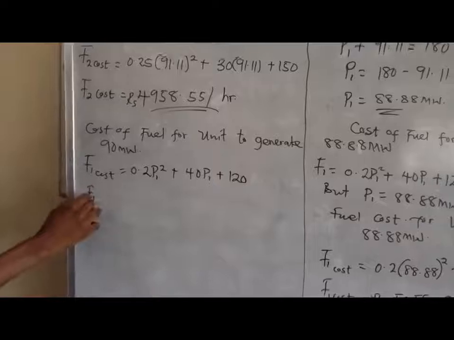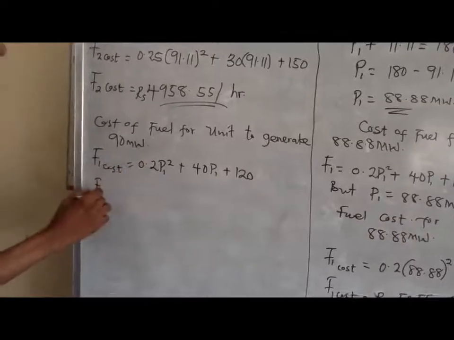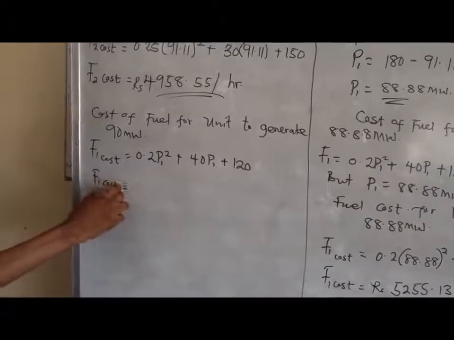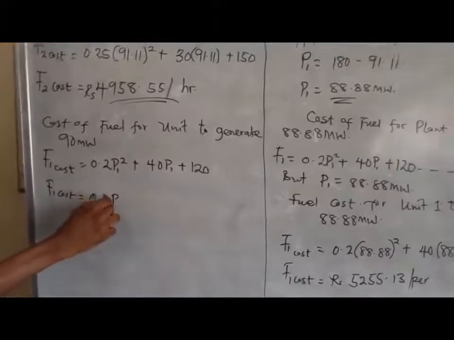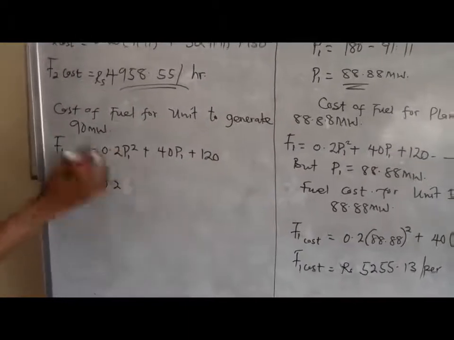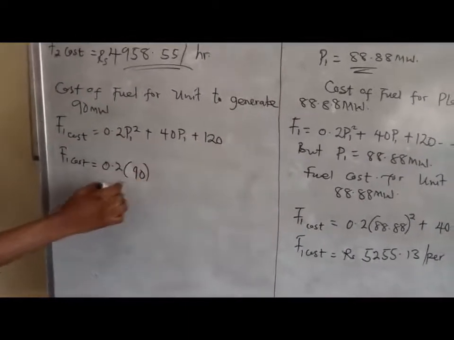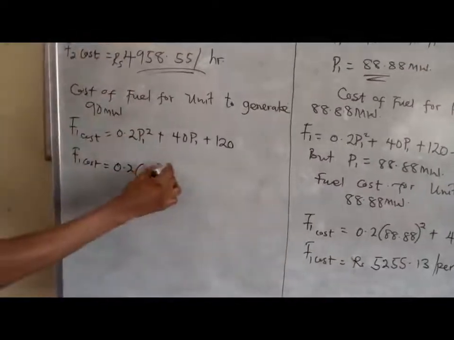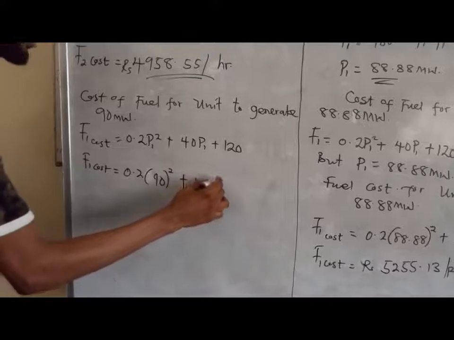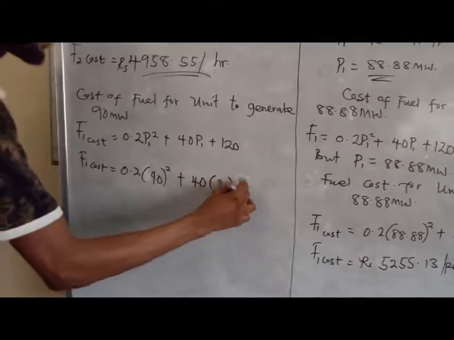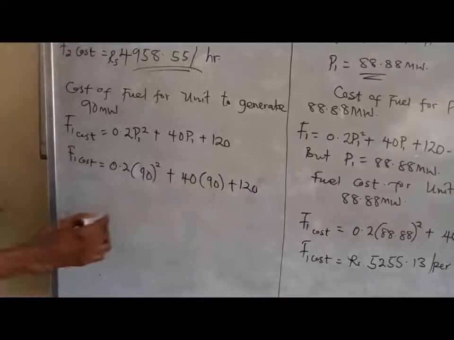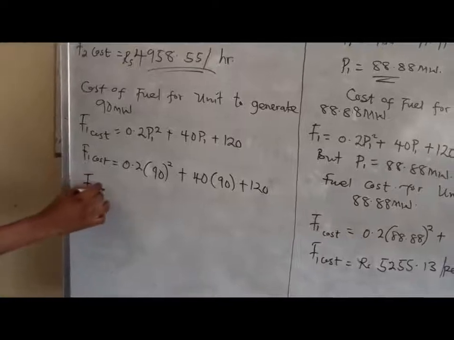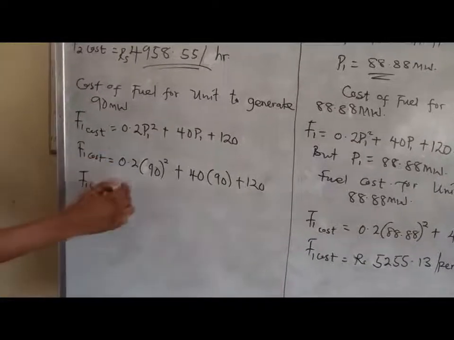Then the cost of fuel for equal generation becomes 0.2 times, now we know P1 to be 90 because at equal generation the total demand is shared among the two units, 90 squared plus 40 times 90 plus 120.